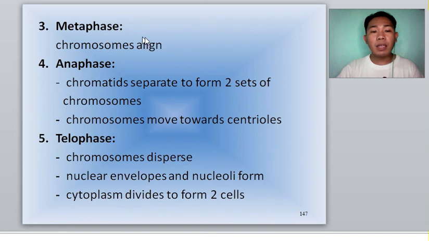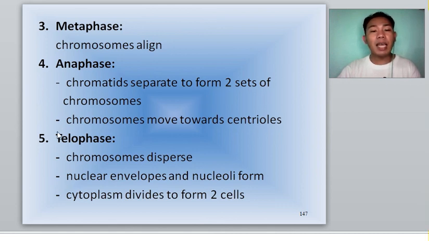The prophase stage is where chromatin condenses into chromosomes and the centrioles move to the opposite ends of the cell. We have number 3, which is metaphase, wherein there is an alignment of the chromosomes at the center of the cell known as the metaphase plate. Another stage is the anaphase, where chromatids separate to form two sets of chromosomes, and the chromosomes will move towards the opposite side of the cell.